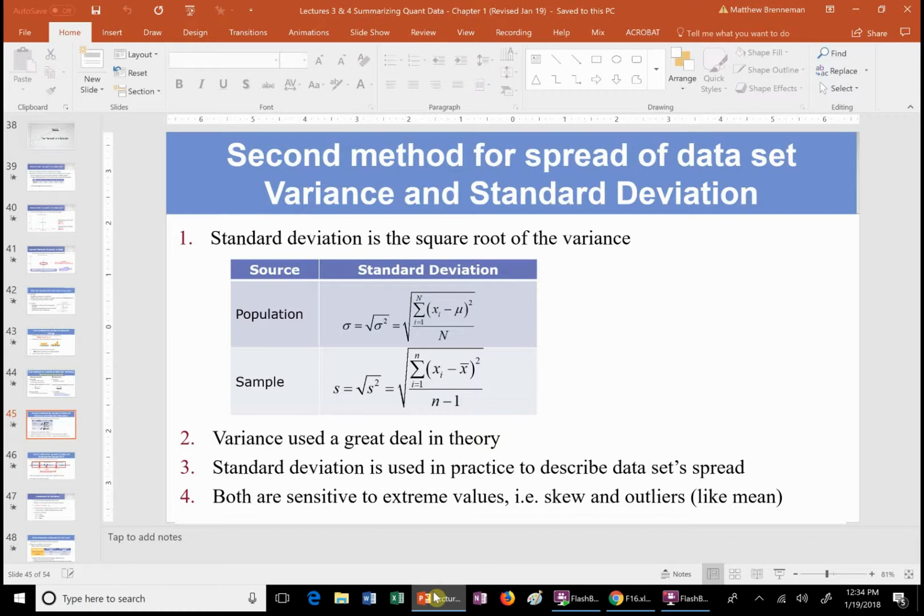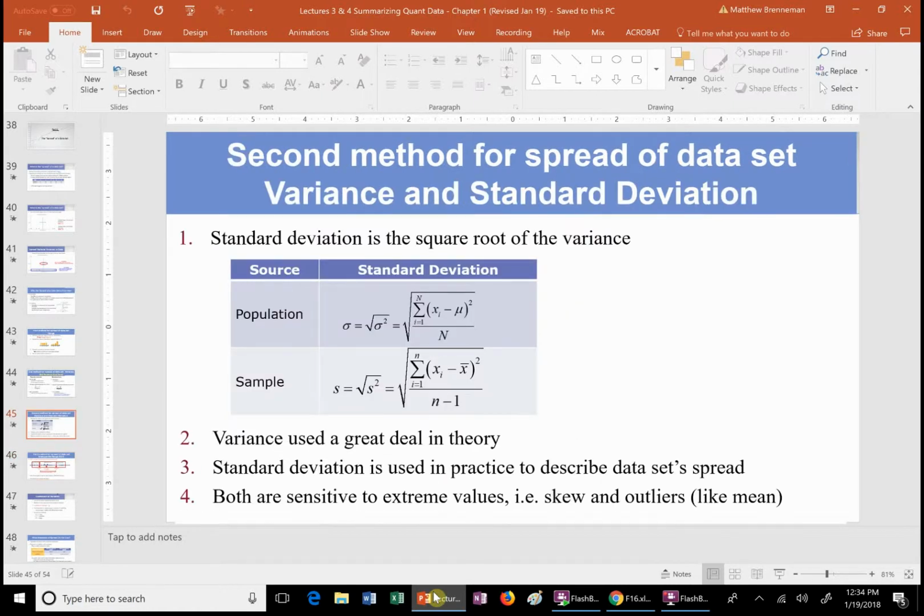And sometimes we don't want to write this out, so we write SD, or sometimes standard deviation, or some variation thereof. And sometimes for variance, we write var. We're going to see that we use a little better notation than this, but we abbreviate these things. So again, the population standard deviation, the square root of the population variance, sample standard deviation, square root of that.